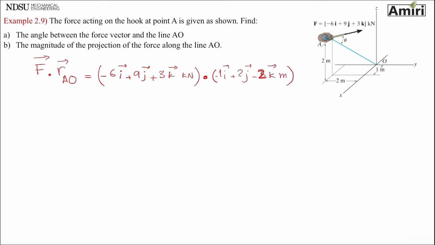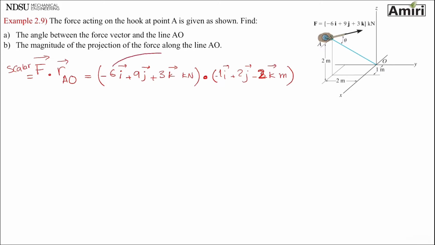Remember, the dot product of two vectors is a scalar, meaning it's a number, meaning it doesn't have ijk. Again, if you're not sure, go back and watch where I started teaching about the dot product.